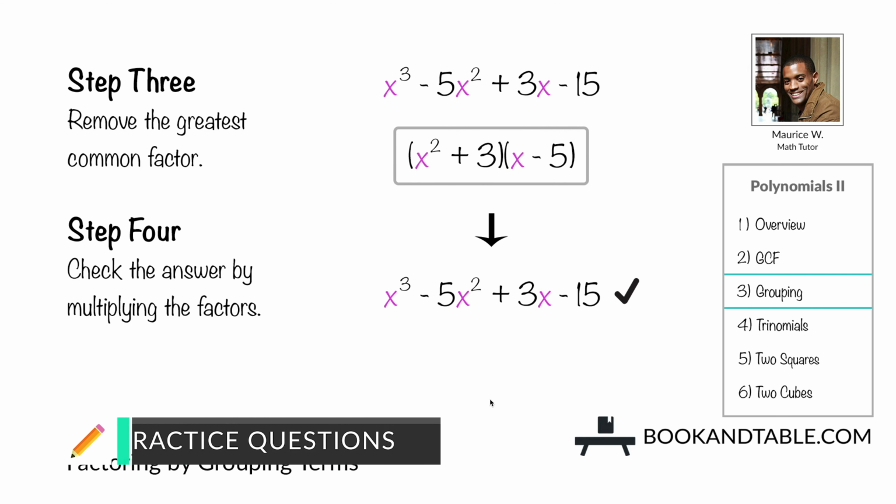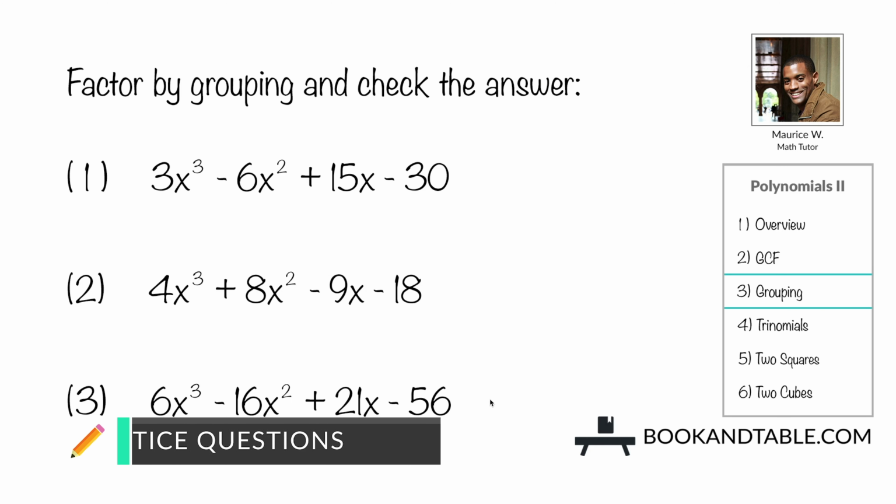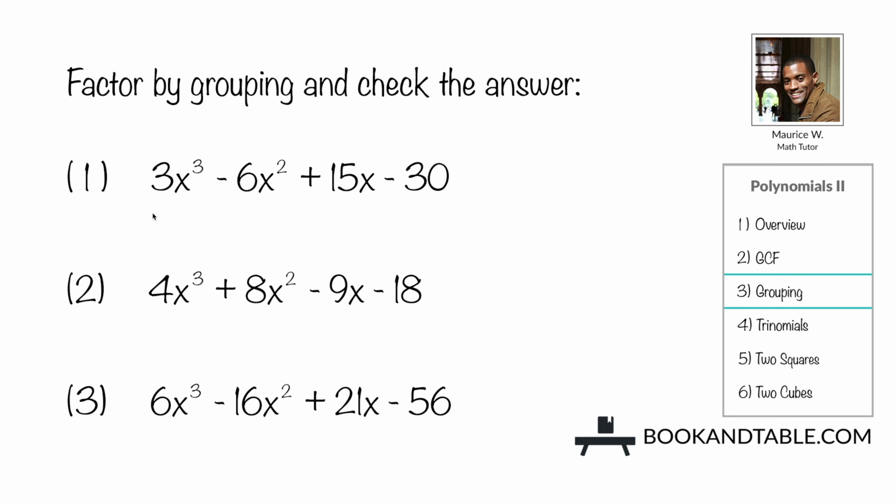Let's now have you try a few practice questions. Question number 1, factor by grouping 3x cubed minus 6x squared plus 15x minus 30, and then check the answer. Question number 2, factor by grouping 4x cubed plus 8x squared minus 9x minus 18, and then check the answer.